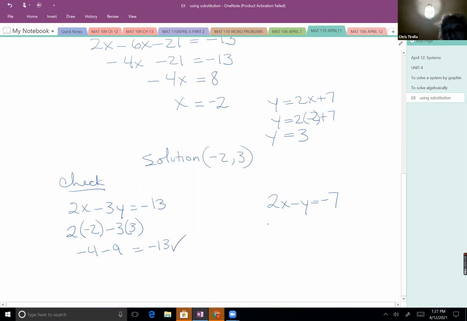Here, 2x is -2 minus y is 3. Does that equal -7? -4 minus 3 is -7, and it checks. How is this solving by substitution?